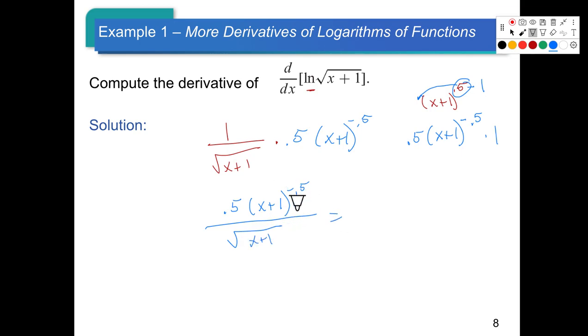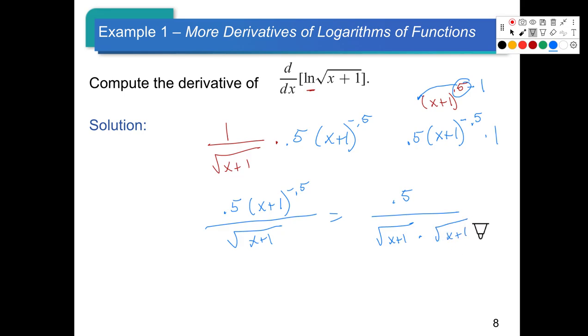This one sort of simplifies, so if I take this negative 0.5 and put it in the denominator, it becomes positive 0.5, which is another square root of x plus 1.